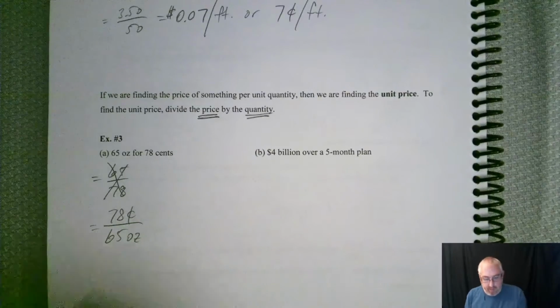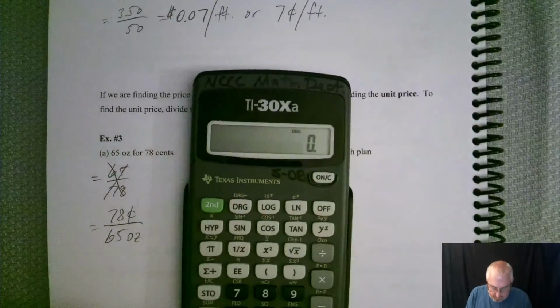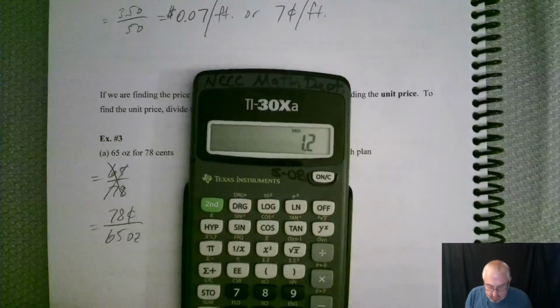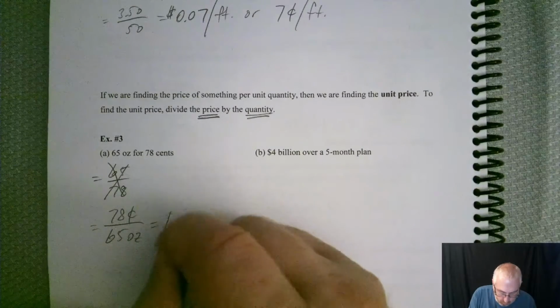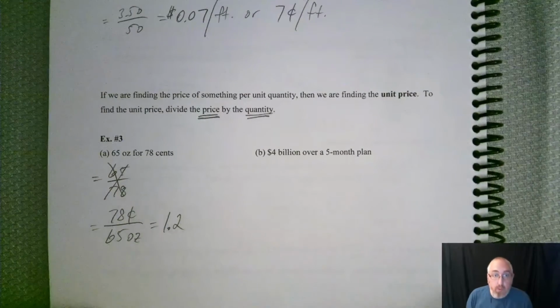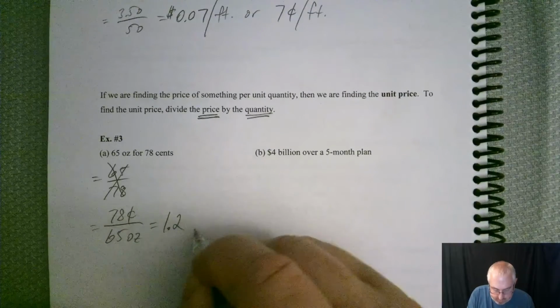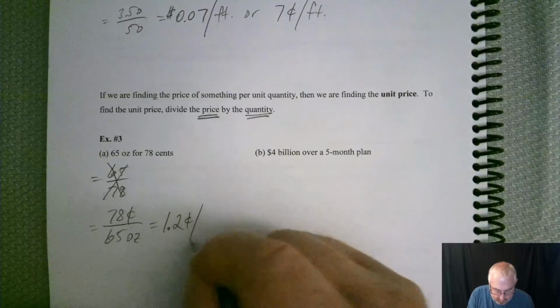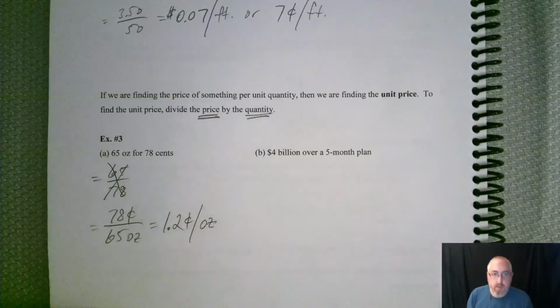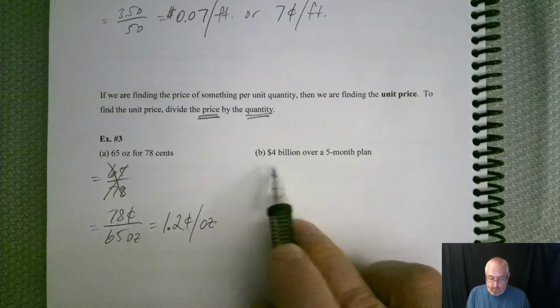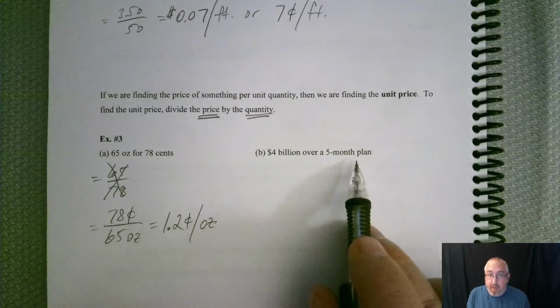There's where it should be. So now 78 divided by 65 equals 1.2. 1.2 what? Cents is on top, so 1.2 cents per ounce.